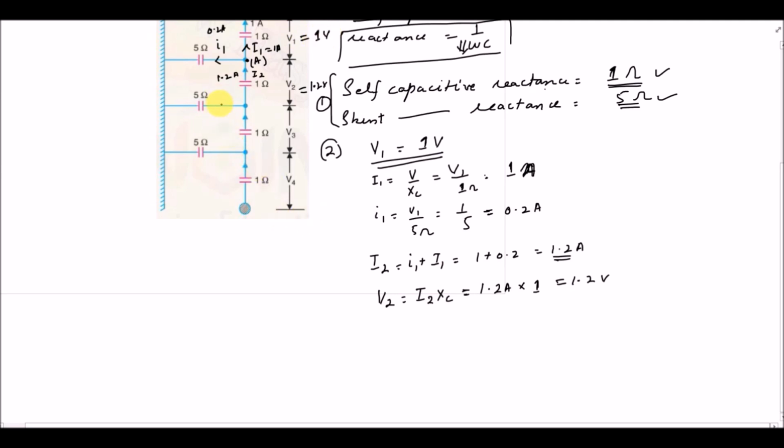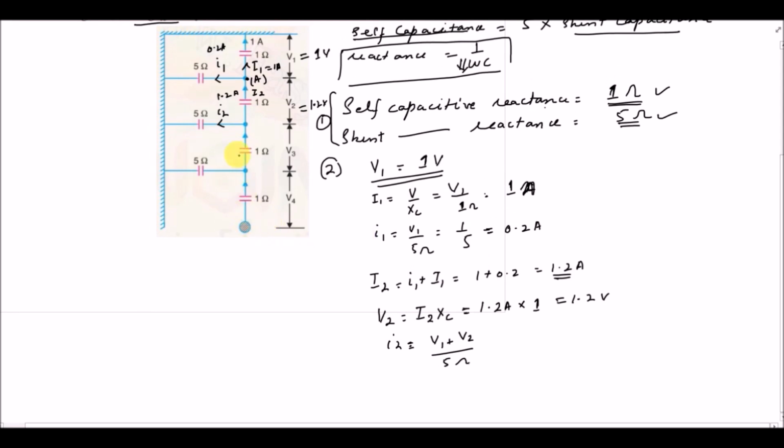Now if I have to find small i2, it will be again the voltage across this particular capacitor, which is V1 plus V2, and the capacitive reactance, that is 5 ohm.